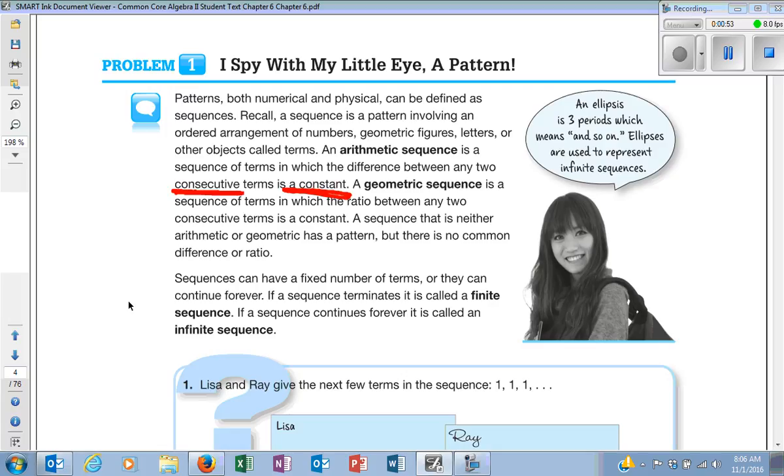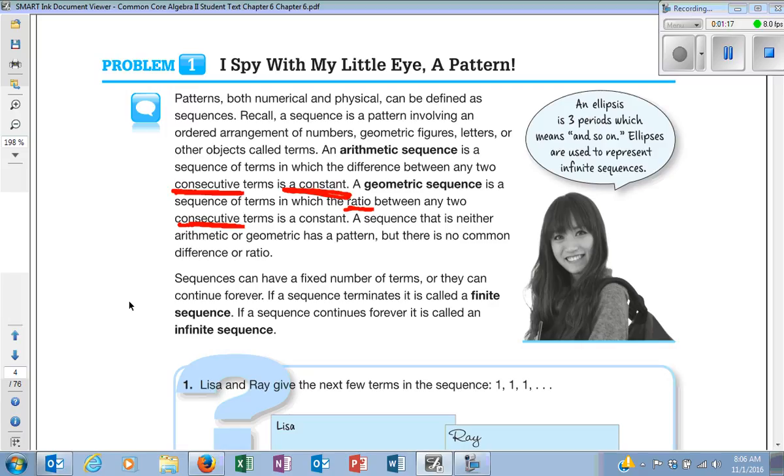A geometric sequence is a sequence of terms in which the ratio between any two consecutive terms is constant also. Arithmetic means you are adding, and geometric means you are multiplying. We will always be adding, and we will always be multiplying. You'll see what I mean in just a little bit.